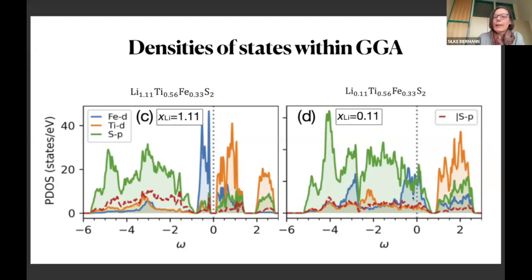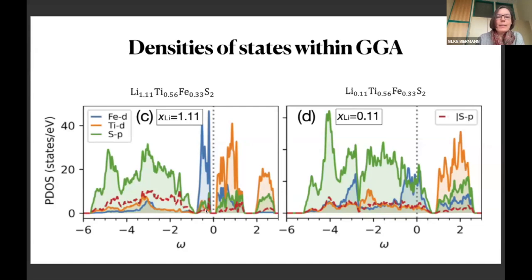Also plotted in red here are the sulfur p states associated to octahedra, where the central ion is not a transition metal but a lithium. So those are the ones that the chemists are interested in because of their non-bonding character. And you see that indeed there are quite a few of them at the top of the valence here in the lithiated compound.